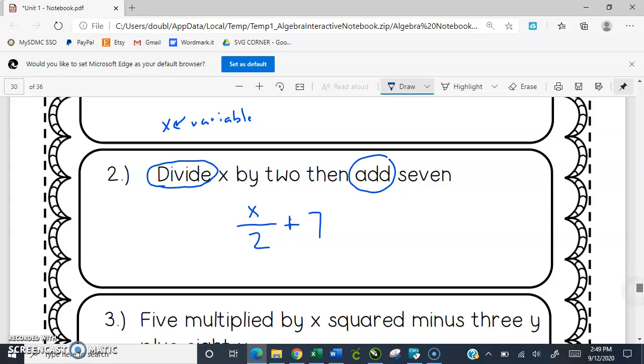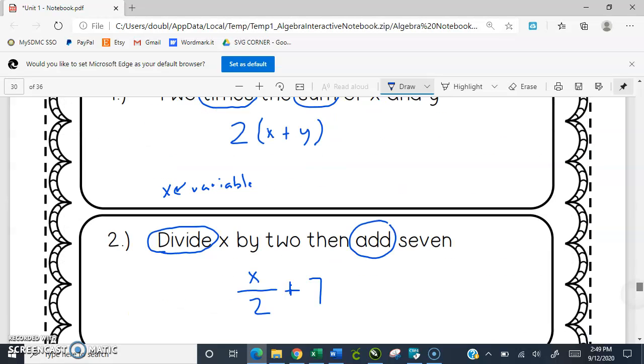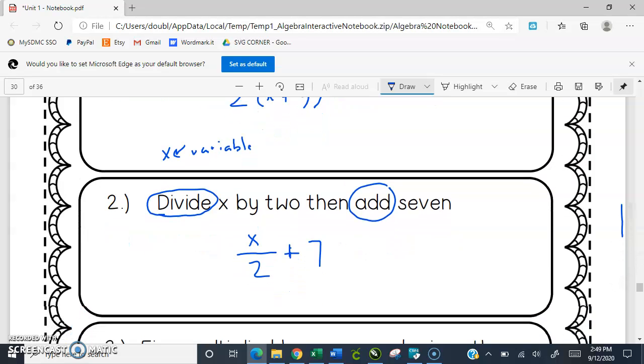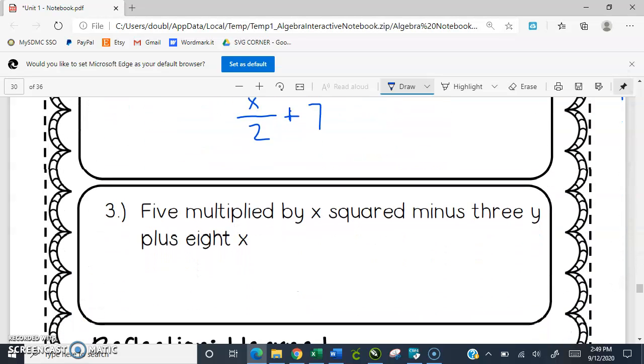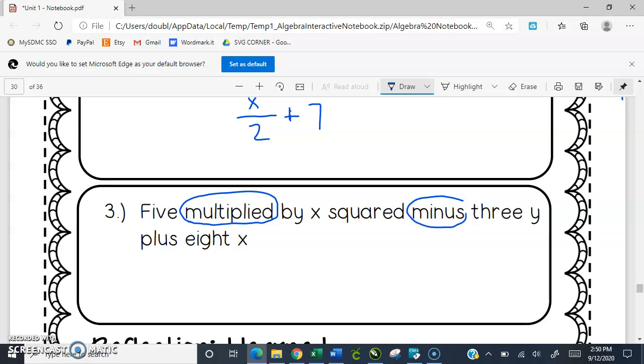Next, do the last one. We have 5 multiplied. So multiplied is one of those key words. By x squared minus 3y plus 8x. Okay, so let's do the work. So we got 5 multiplied by x squared.